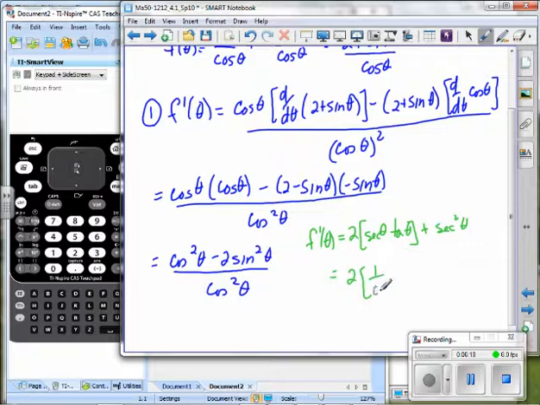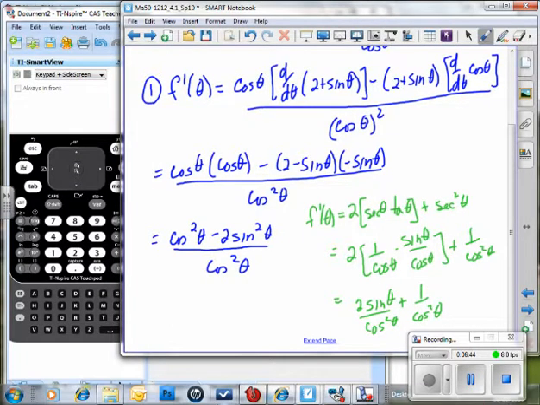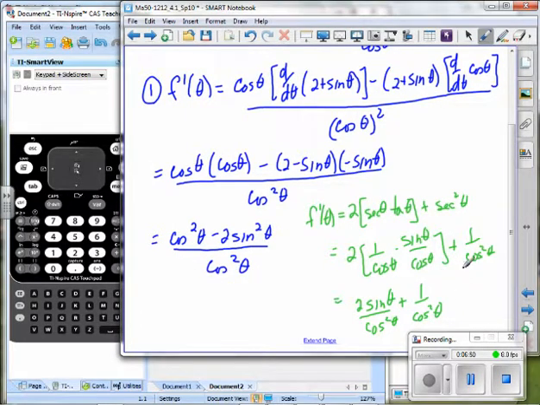Let's see, this would be 1 over cosine theta, and this would be sine theta over cosine theta, and this would be 1 divided by cosine squared theta. Am I going to get the same thing? 2 sine theta divided by cosine squared theta plus 1 divided by cosine squared theta. Same thing? Add those together. Okay, so either way you want to work this, you'll get to the same answer.